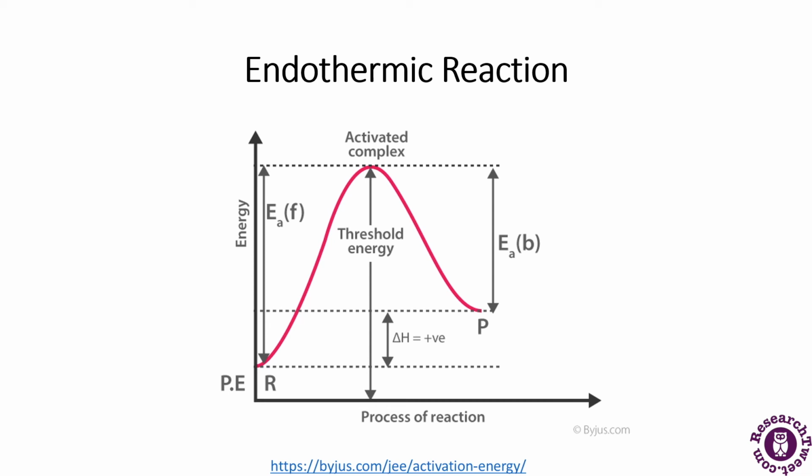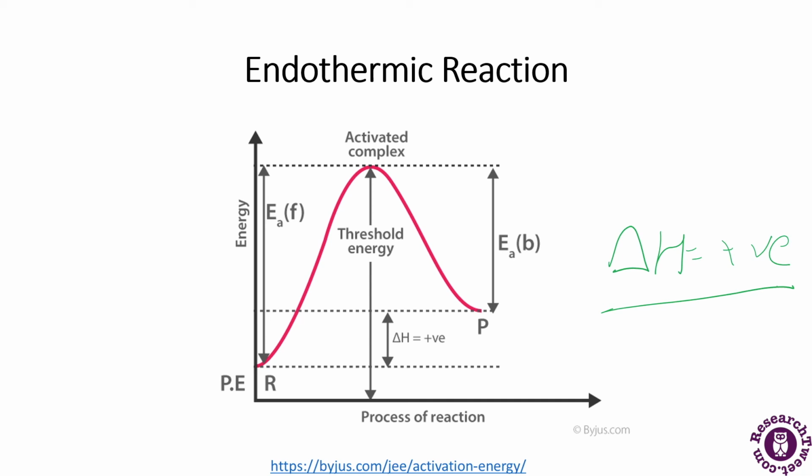In an endothermic chemical reaction, delta H is positive. We can see that the reactant has 20 kilojoules of energy and needs 40 kilojoules of extra energy for breaking the bonds. The energy released during bond formation is less than the energy required.